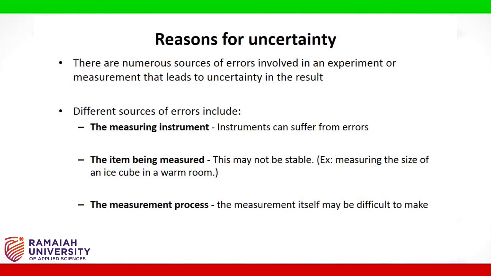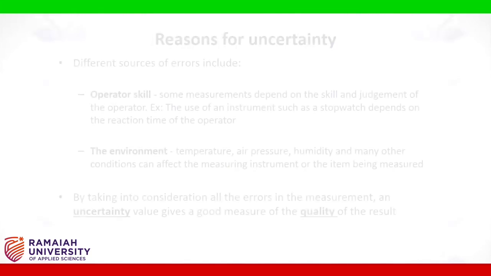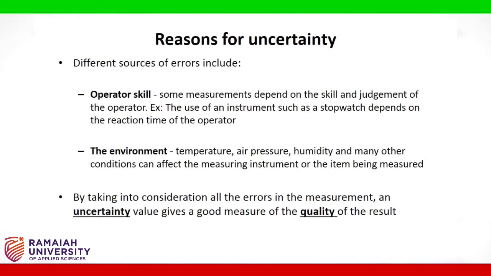When measuring the size of an ice cube in a warm room, due to the two-phase nature of ice and water, it is difficult to measure. The measurement process itself may be difficult to make. Some measurements depend on the skill and judgment of the operator. For example, the use of an instrument such as a stopwatch depends on the reaction time of the operator.